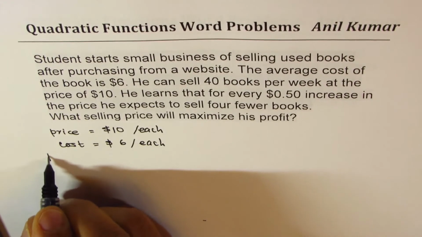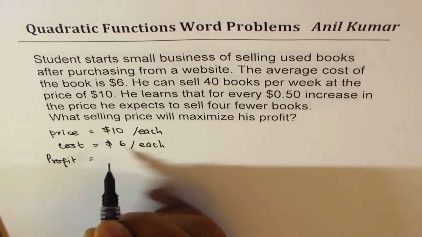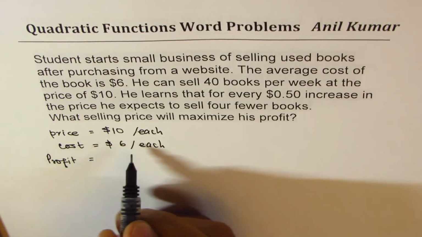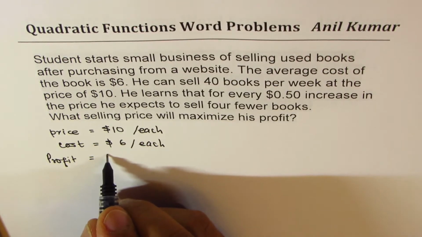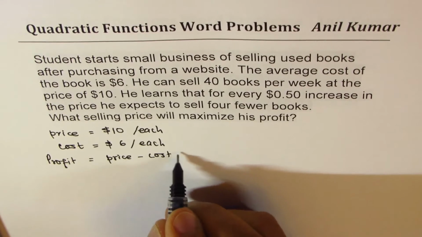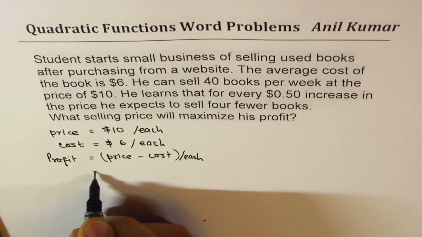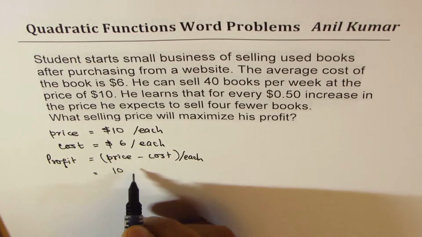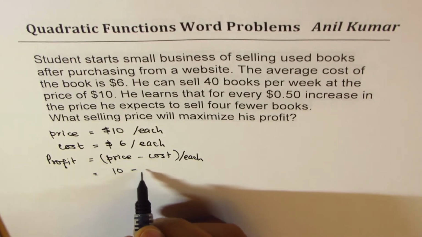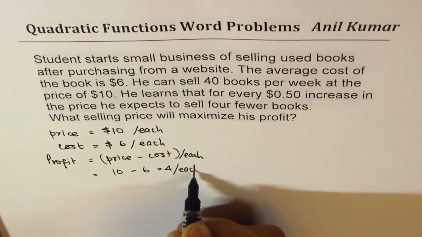So how much profit is being made on each book? So profit is selling price 10, so we'll say price minus cost on each book, right? This is on each book, every book. So the price is 10 and the cost is 6, that gives you $4 each, right?